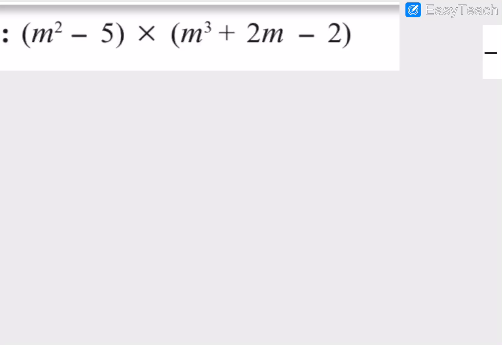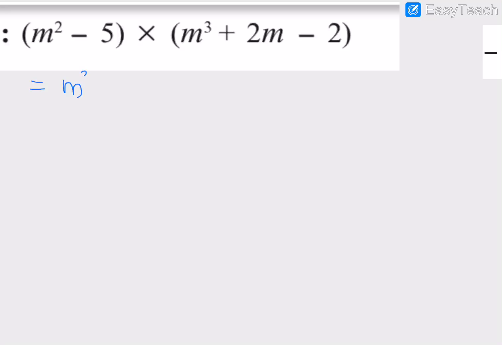So how will we do that? First we will multiply with m square all the terms of the second polynomial, then we will multiply with minus 5 all the terms of the second polynomial. Means we will do minus 5 into m cube plus minus 5 into 2m minus 5 into minus 2. So we will do that. So first we will multiply all the terms of the second polynomial with the m square.